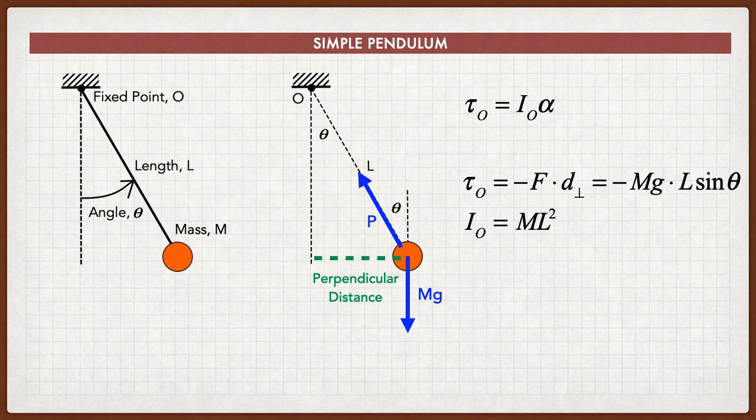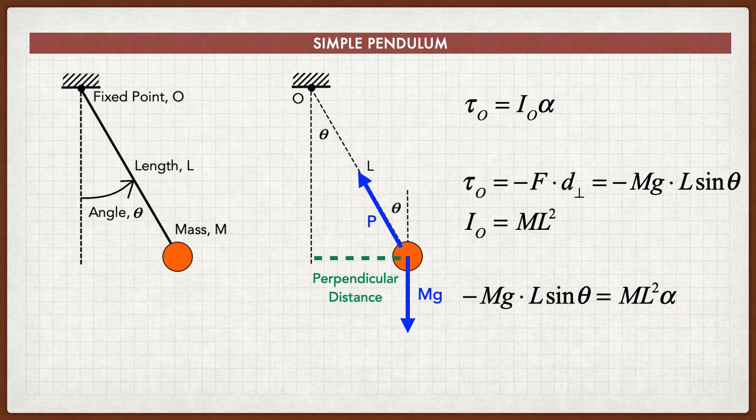The inertia of the point mass about O is the mass times the distance to O squared. So mL squared. We can put these back into the Newton 2 equation. Negative mgL sine theta equals mL squared alpha.